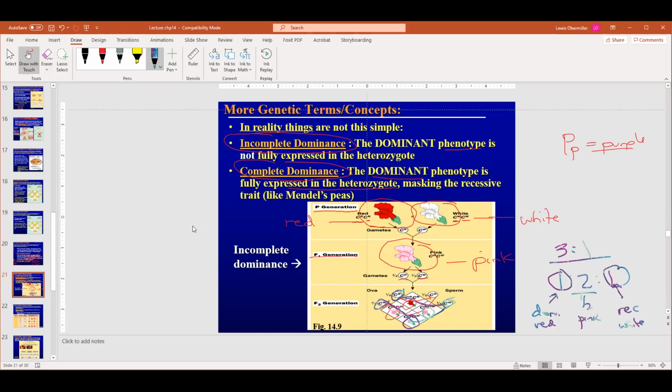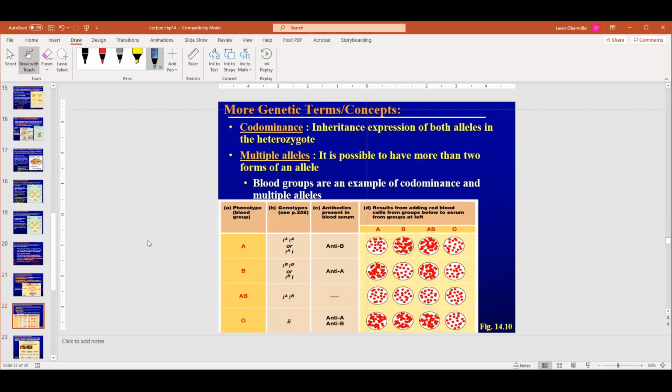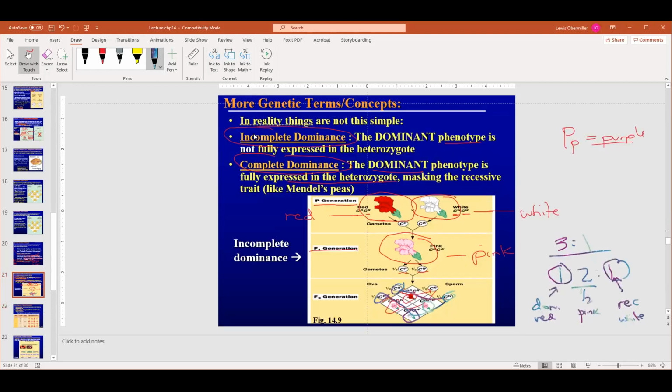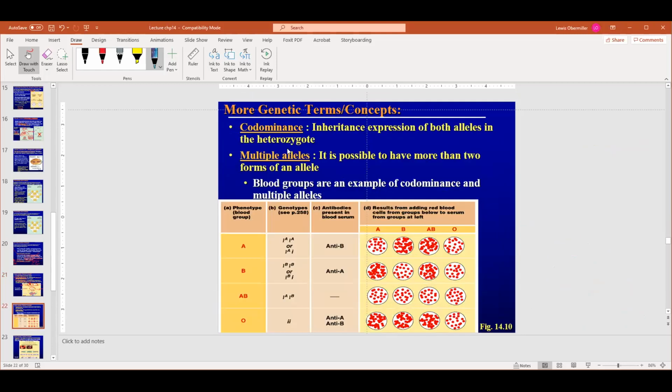The answer is it's incomplete dominance, because if it was complete dominance, if I crossed a black and a white guinea pig, I would expect all the offspring to be black in the first generation. So these are terms that you're going to need to know, and you need to know the ratio so you can identify what's going on. That's kind of the purpose of genetics.